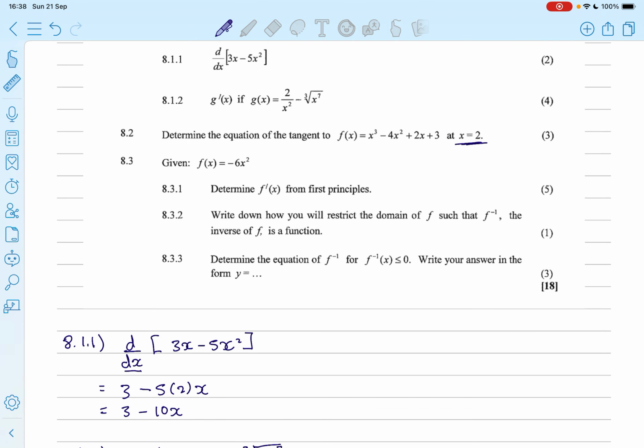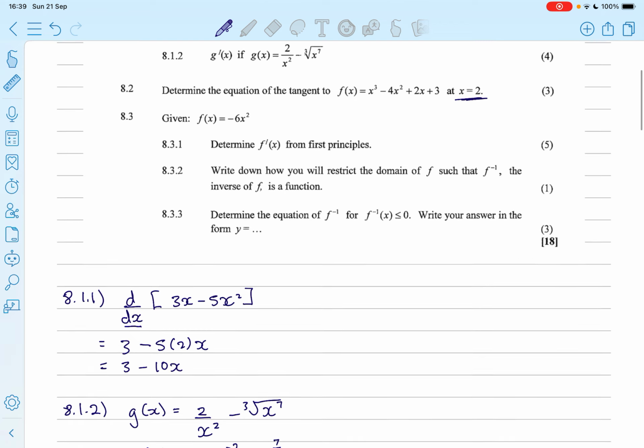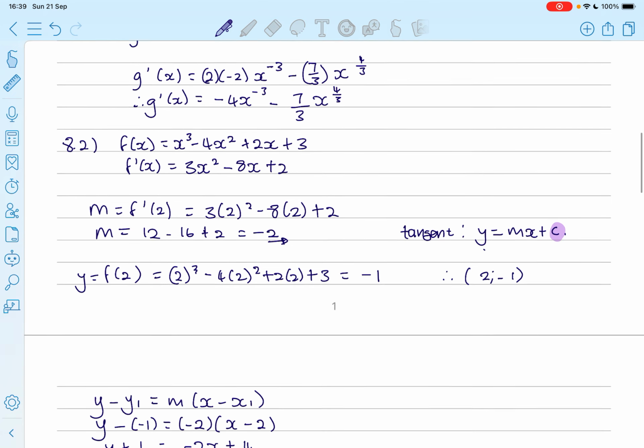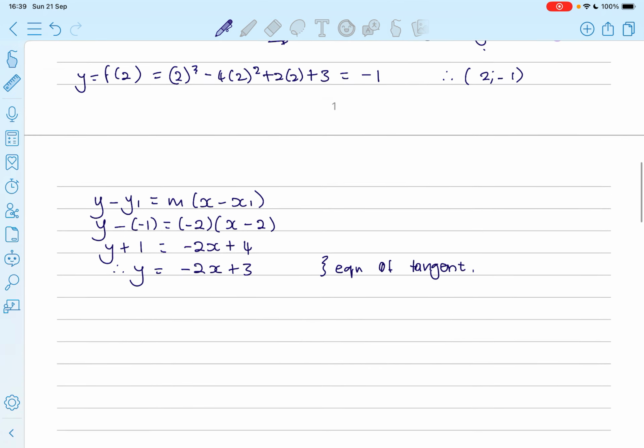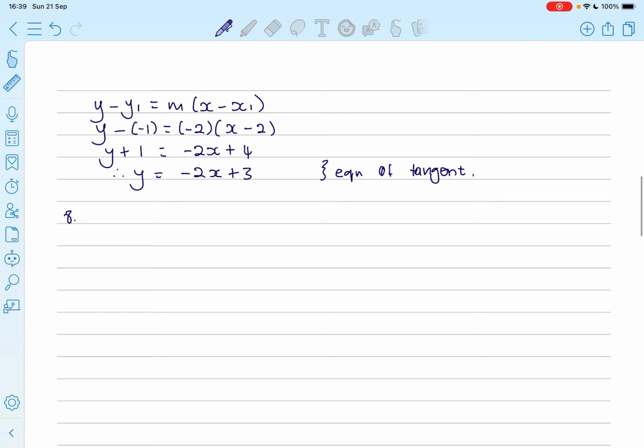We've been given a function which is equal to negative 6x squared. Then in 8.3.1, they ask us to determine the first derivative from first principles. Okay, so 8.3.1. Our function is negative 6x squared.